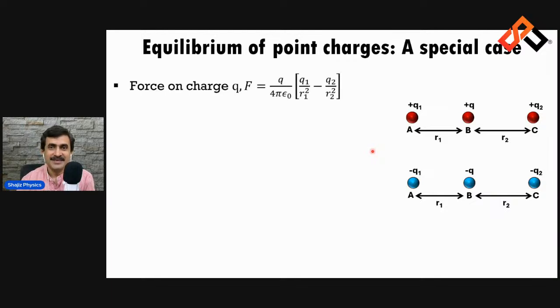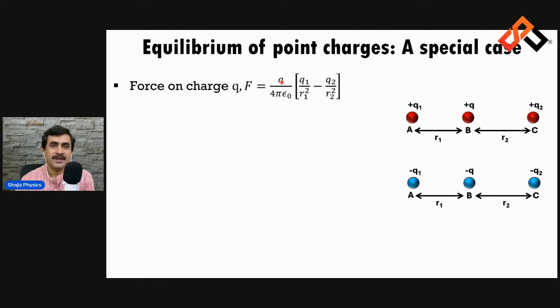We are considering the middle charge first, the force acting on charge Q. On Q, two forces are there, one by Q1 and the other by Q2. Q1 will exert a force along the positive x direction. Q1 will repel Q. Similarly, Q2 will repel Q along the opposite direction.